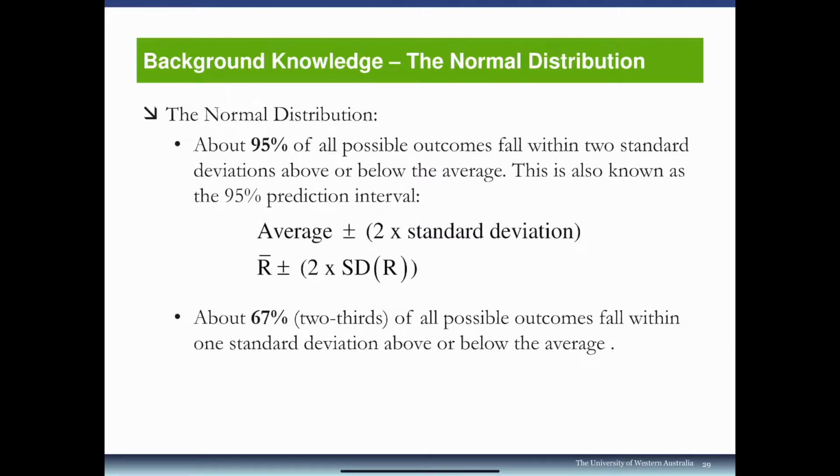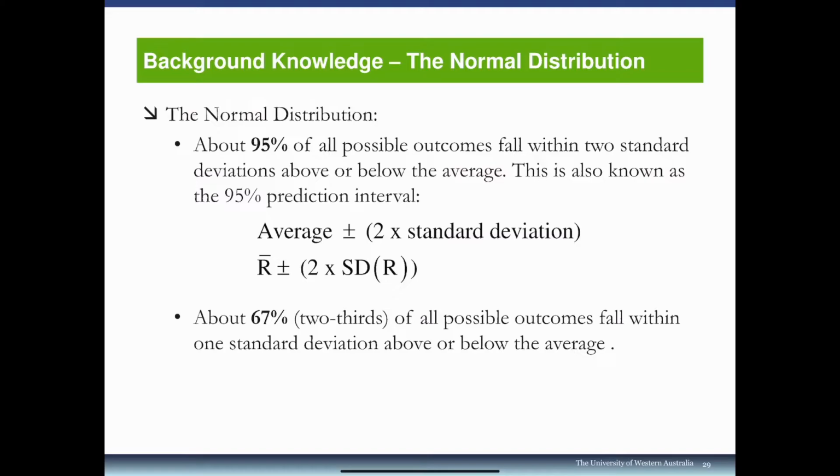This is known as the 95% prediction interval, which is the mean plus or minus 2 times the standard deviation. Another known feature is that about 67%, roughly two thirds, of all possible outcomes fall within 1 standard deviation above or below the average.